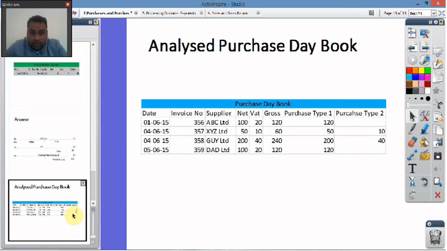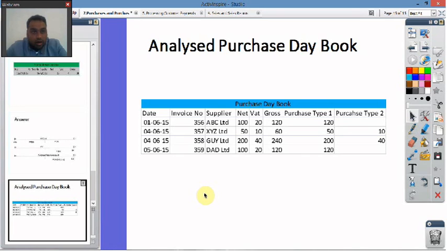Okay, let's carry on. So this is the analysed purchases daybook. There's also an analysed cash book and an analysed sales daybook as well, but this is the analysed purchases daybook. Say we had a car company and we also sold sports cars.